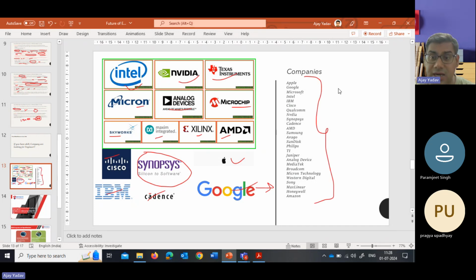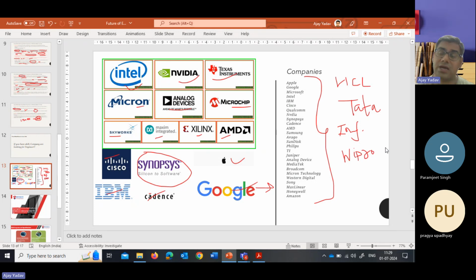In our country recently, HCL and Tata Electronics have started working on hardware. Then you have Infosys, then you have Wipro. All of them have started investing in their own design of electronic stuff.